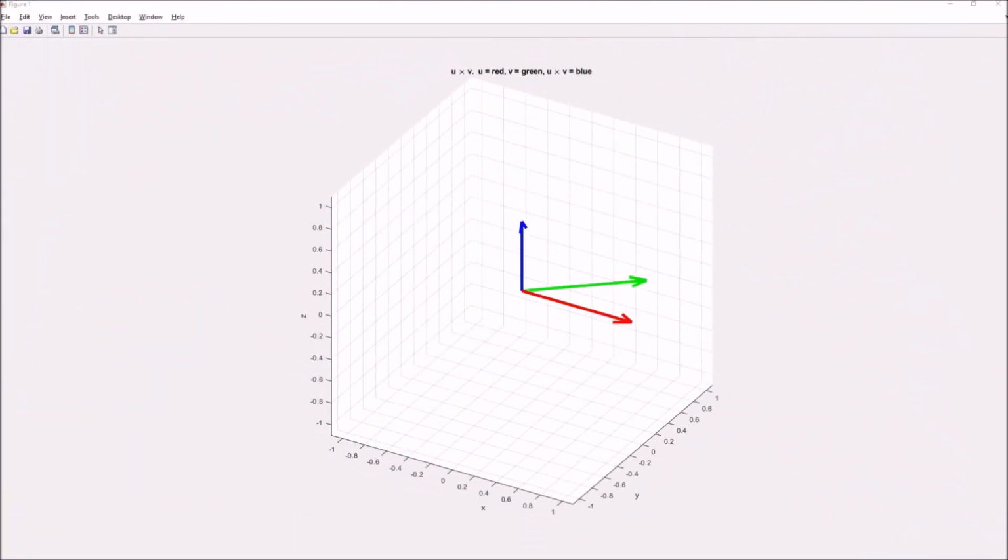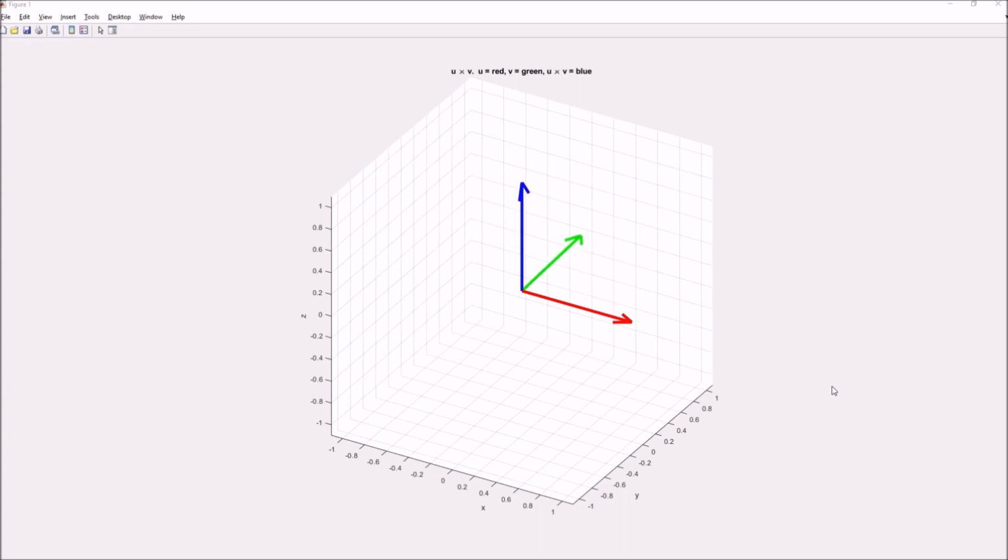All right, so here's a real simple animation I made that just computes the cross product of U and V. U is red there, and V is the green vector, which is moving around in this arc. And the blue vector is the resultant cross product of U crossed with V. As you can see, if U and V are aligned or completely anti-aligned, the cross product is 0.